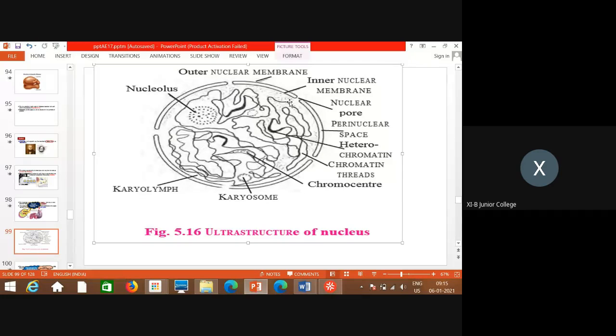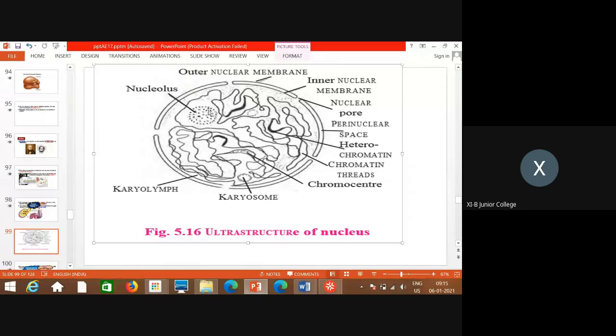Inside the nuclear membrane is an aqueous solution called karyolymph or nucleoplasm, which contains chromatin material in the form of nucleic acids and proteins, the thread-like structures.